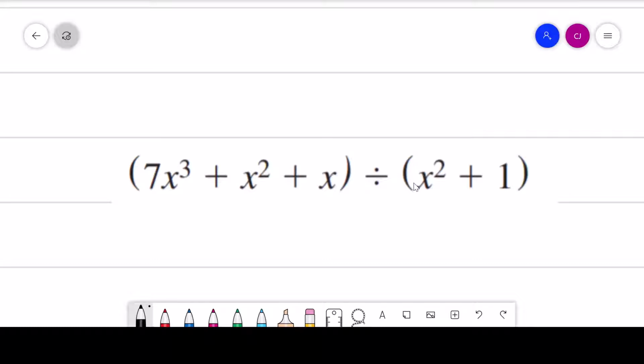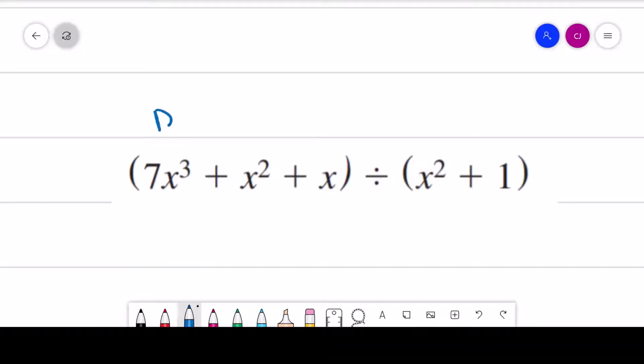Okay, so when you're dividing polynomials using long division, the first thing that I like to do is identify my dividend and my divisor, because that will tell me how to set up my expression. So if you look at the first polynomial, 7x cubed plus x squared plus x, this is going to be my dividend.